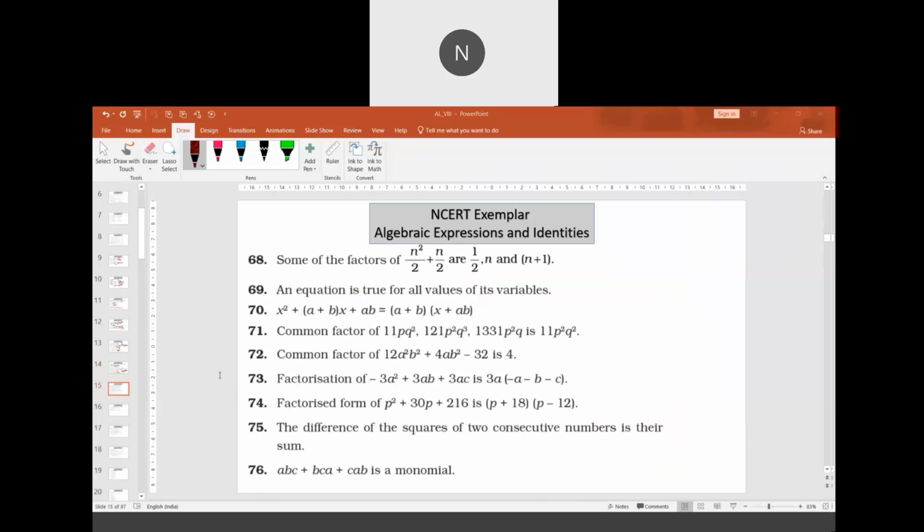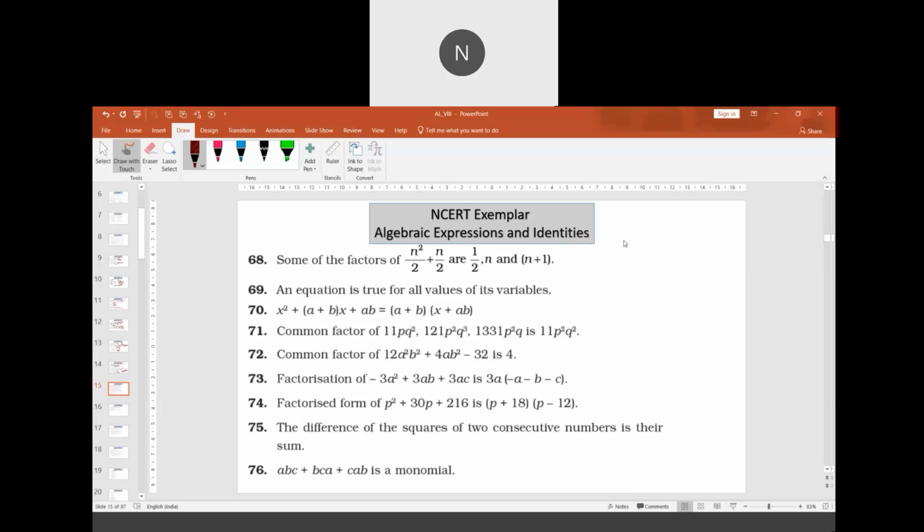Question number 68. Sum of the factors of n square by 2 plus n by 2 are 1 by 2, n and n plus 1. I don't know whether it is true or false.